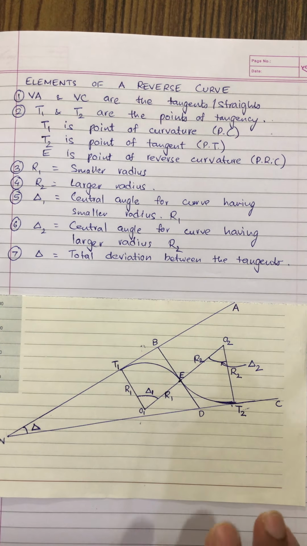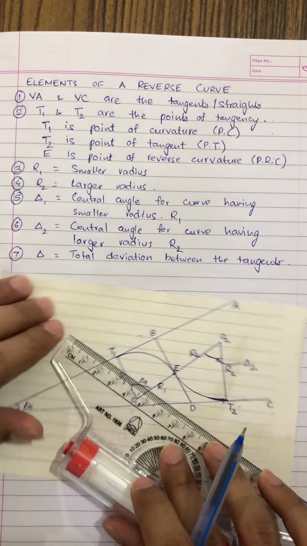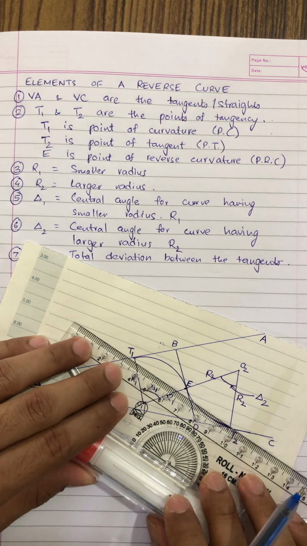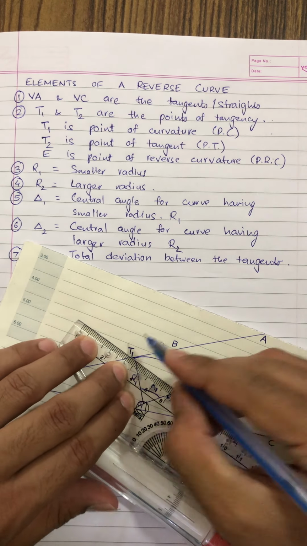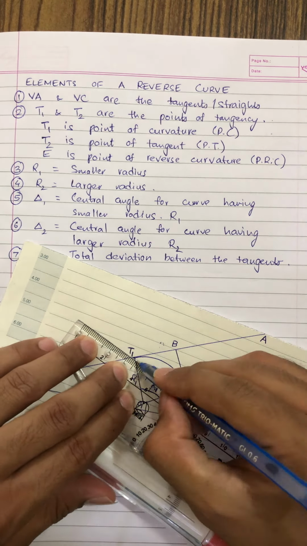Now here, if we join these 2 points T1 and T2, this is point T1 and this is point T2. So here we have joined these 2 points T1, T2.